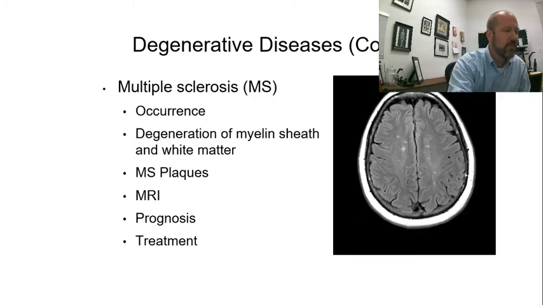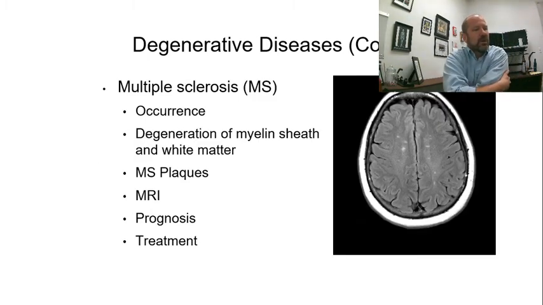Multiple sclerosis is another chronic progressive disease of the nervous system that most commonly affects individuals in their 20s and 40s. It affects women much more often than men, and the exact etiology of the disease is largely unknown, but it may be related to a latent herpes virus or retrovirus infection, and it oftentimes happens with folks living in temperate environments like our own.